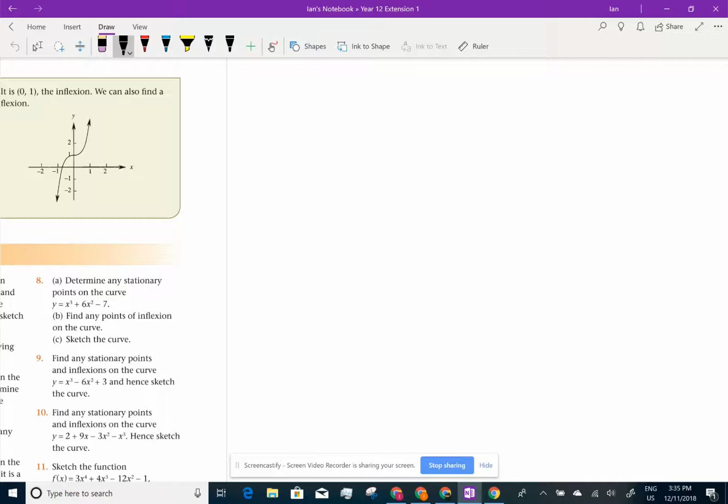And if I look at question 10, it's y equals, now I'm going to write this a different way, negative x cubed, because I like to have the highest powers of x first: negative x cubed minus 3x squared, and this is a general form, plus 9x plus 2.